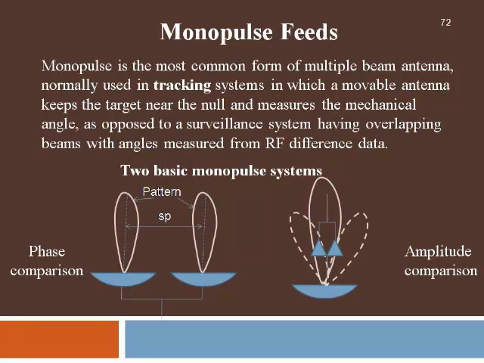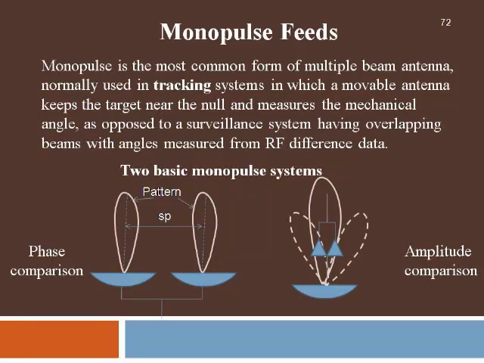So in the diagram here, two basic monopulse systems are shown, one for phase comparison monopulse, the other one for amplitude comparison monopulse. In phase comparison, the two antennas are displaced and the separation between the two beams will give us the phase information and hence the target coordinates.